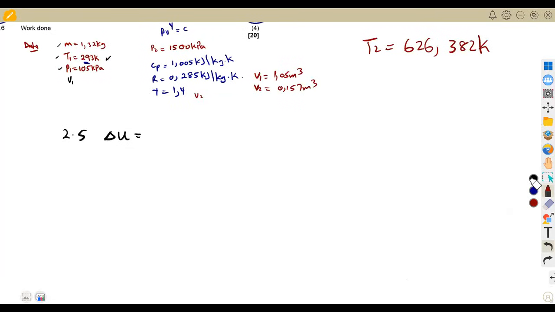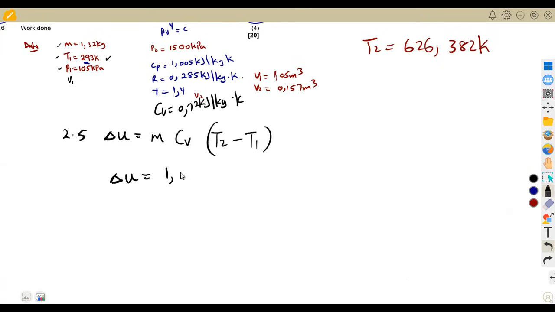So we are going to calculate our change in internal energy, which is given as the mass times CV times T2 minus T1, all right? As we saw, we calculated CV from the CP, and it was 0.72 kilojoule per kg Kelvin. So we're just going to substitute: the mass of the gas, 1.32, times the specific heat capacity at constant volume, 0.72, times the change in temperature, T2 minus T1.